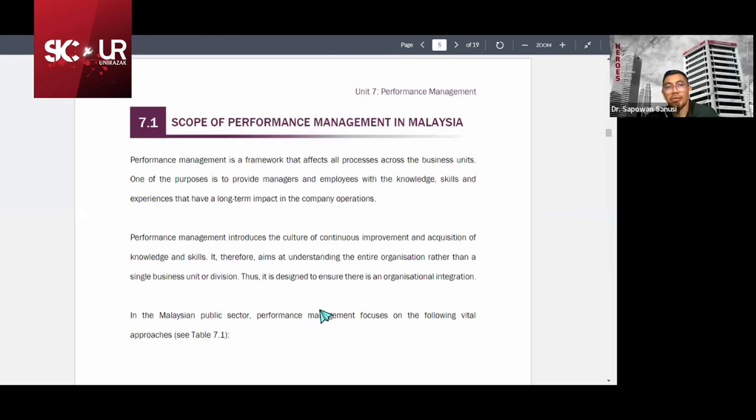When we're speaking about tools, there must in the first place be a framework. With the framework we want to look at the character, the factors, the impact, and other important activities in performance management across the business units. There are so many business units.